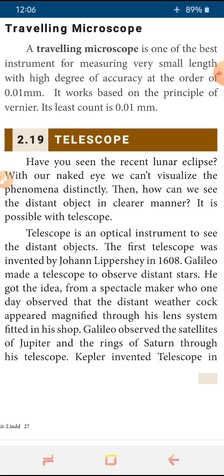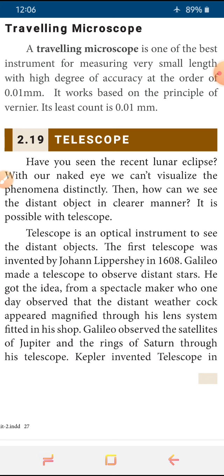It gives a clear image of the celestial bodies as closer ones. This is possible with the help of the telescope. Without a telescope, we can't see distant objects. Okay, we can see them, but not clearly. That clear image we can obtain with the help of the telescope.